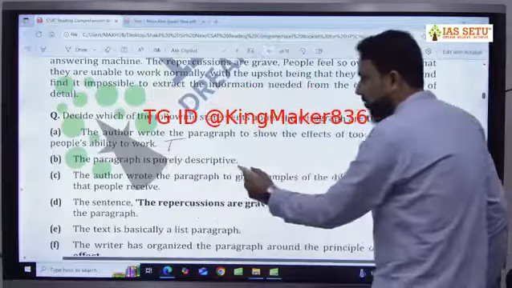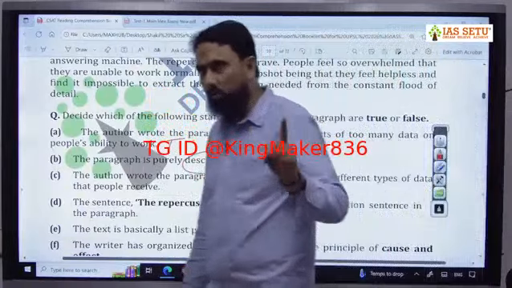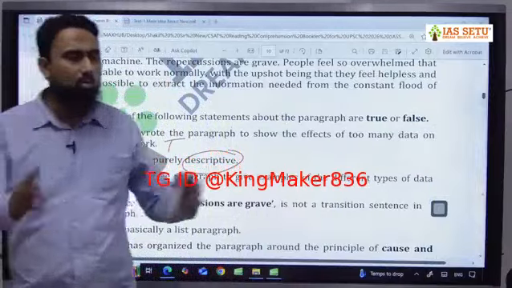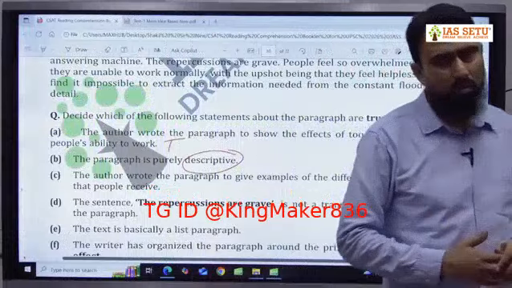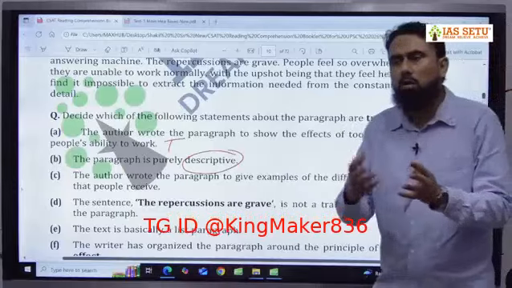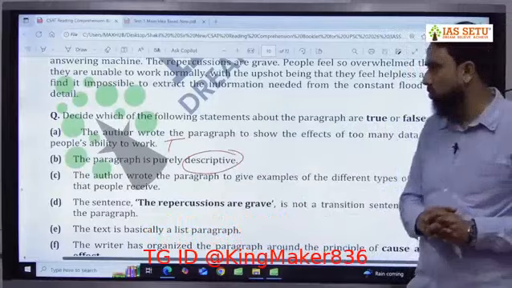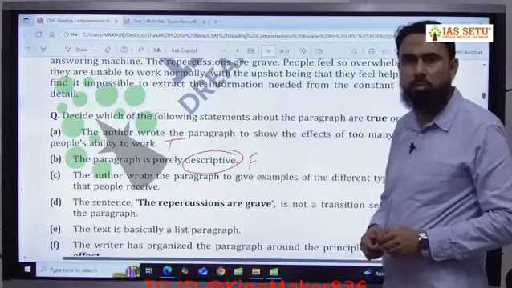B, the para is purely descriptive. We have done descriptive, persuasive, narrative, expository yesterday. Descriptive nature will only go in an information giving way. There will be no logical connection or analyzing, like we have in persuasive. So the answer is false for this. It's not just descriptive.